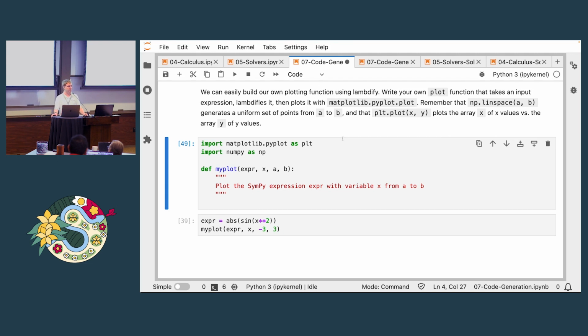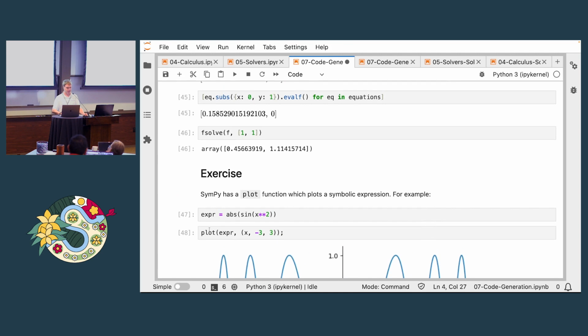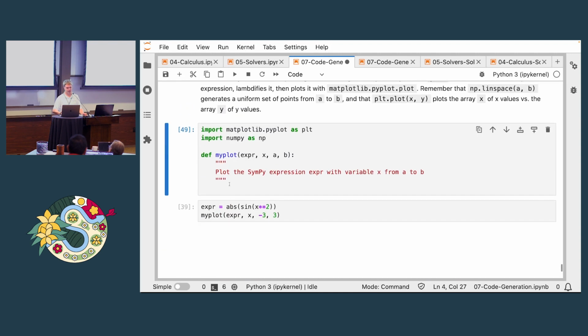And yeah, in general, if the SymPy plot interface is too constrained for what you're looking for and you want to plot SymPy functions, this is the recommended way to do more advanced plotting with SymPy, to just use lambdify and manually do whatever it is you want to do with the NumPy array.